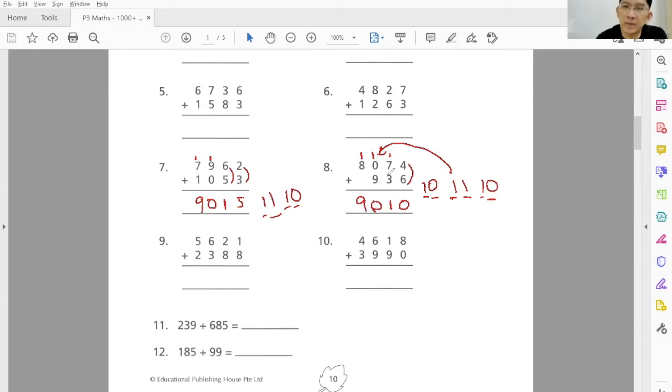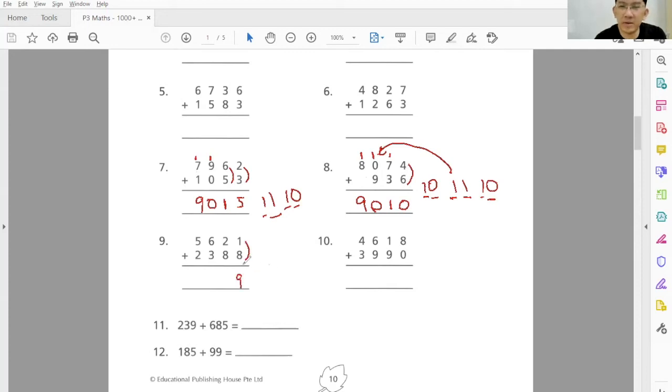Okay, so the answer to 8,074 plus 936 is 9,010. All right. Moving on to number 9. 1 plus 8.